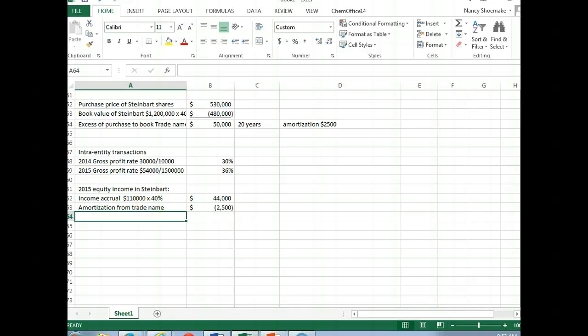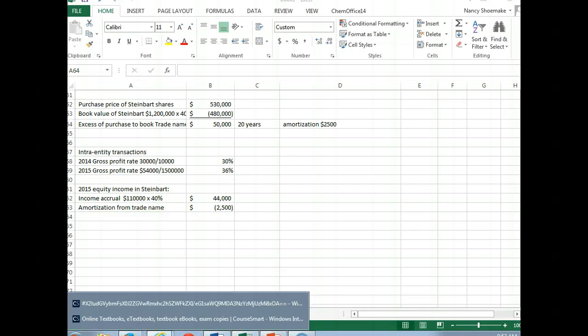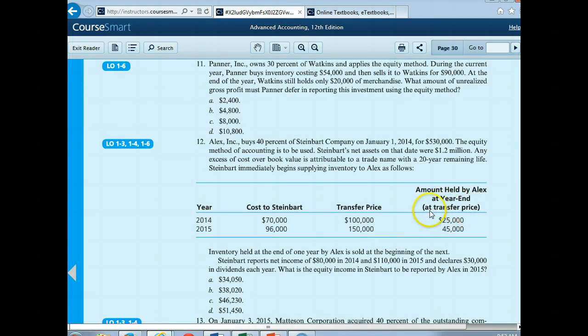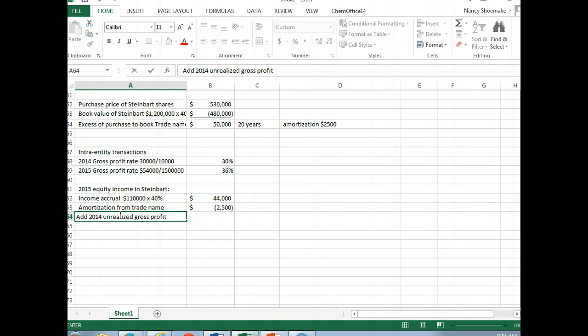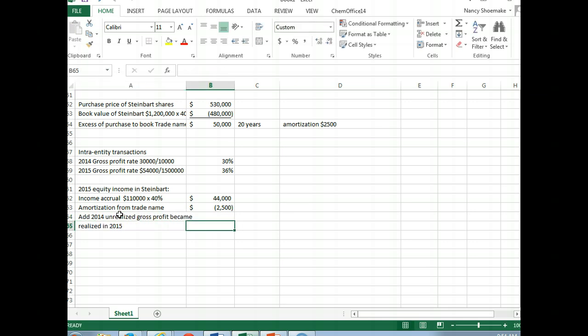The deferral was $25,000 at 30% times 40%, which is 3,000. So we need to add the 2014 unrealized gross profit that became realized this year. Realized in 2015 of 3,000.